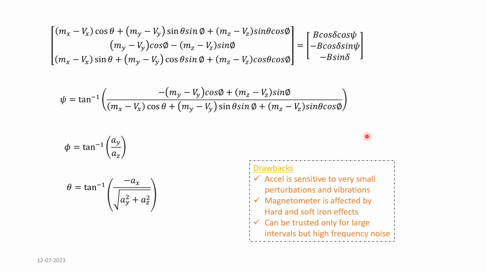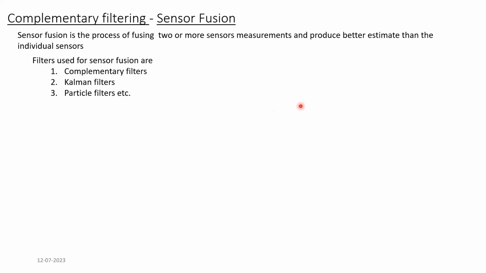The magnetometer is also affected by hardware and software effects, so it also has high frequency noise. Even though the magnetometer and accelerometer can be trusted over longer periods, they have high frequency noise. If you use only the accelerometer and magnetometer, the drone will vibrate like anything. That's why people usually suggest combining the accelerometer, gyroscope and magnetometer. That is what we call sensor fusion.